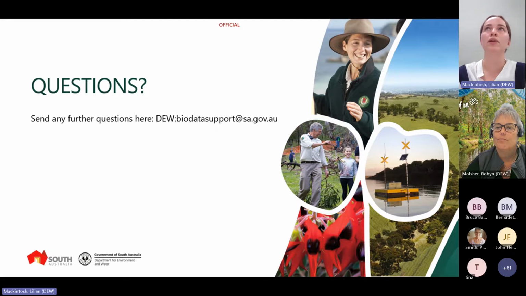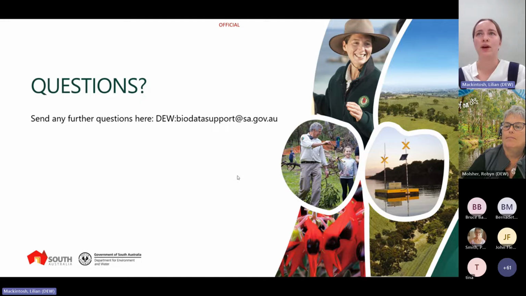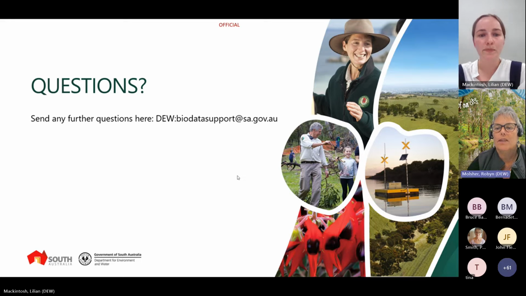You can upload KML files, I think, and I'm sure there's a few other options. But when you go to upload data in NatureMaps, it will pop up: these are the only acceptable formats. Okay, so that answers that question.